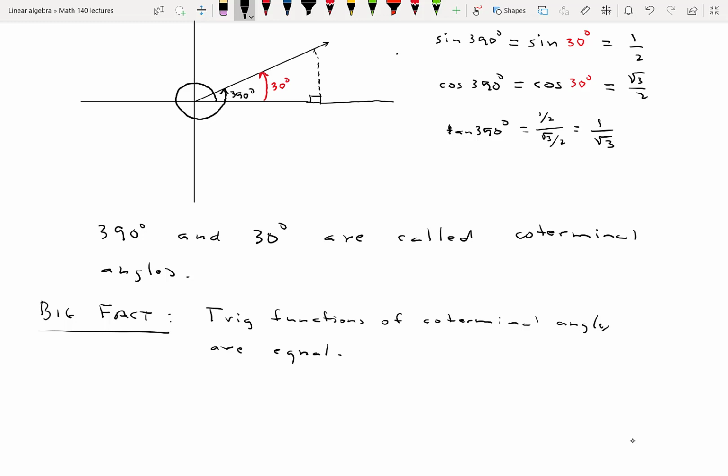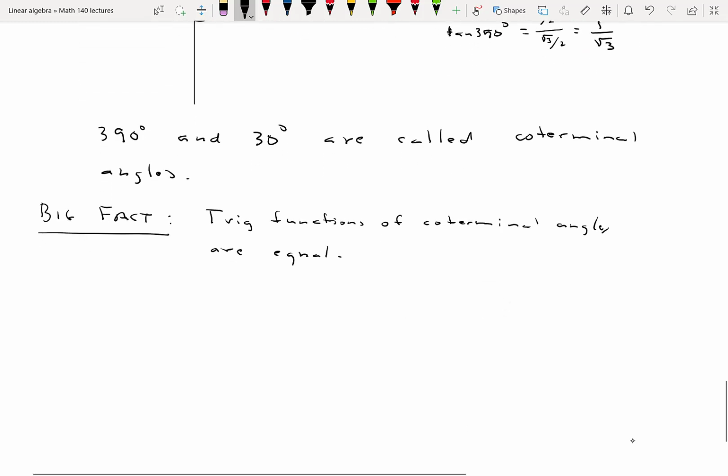I can show you those formulas though, and in order for me to translate this English sentence, this big fact, from English into math, we need to be a little more precise about what we mean by coterminal angles.